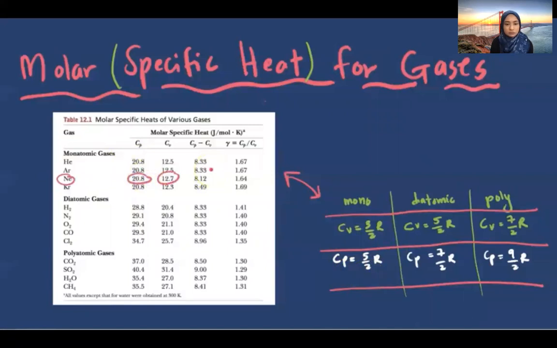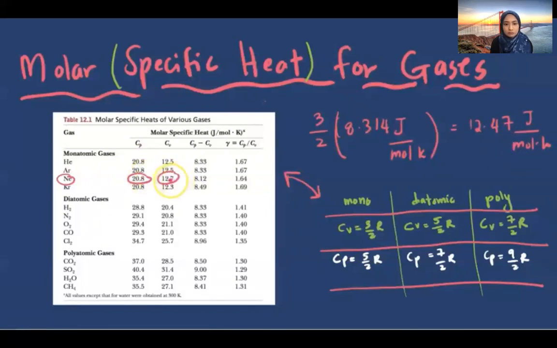Neon gas is a monoatomic gas, so the CV should be 3/2 times R. R is 8.314 joules per mole K. Using my calculator, I will get 12.47 joules per mole K.